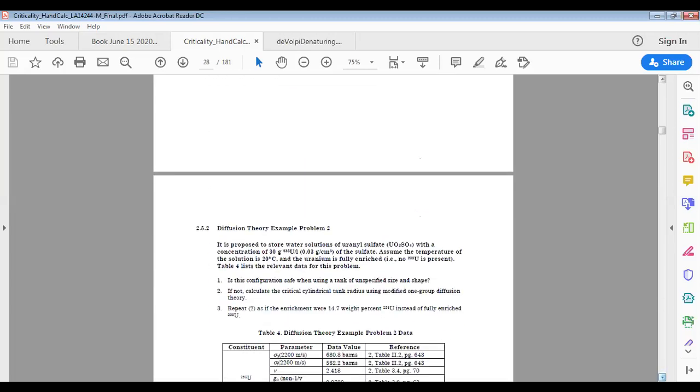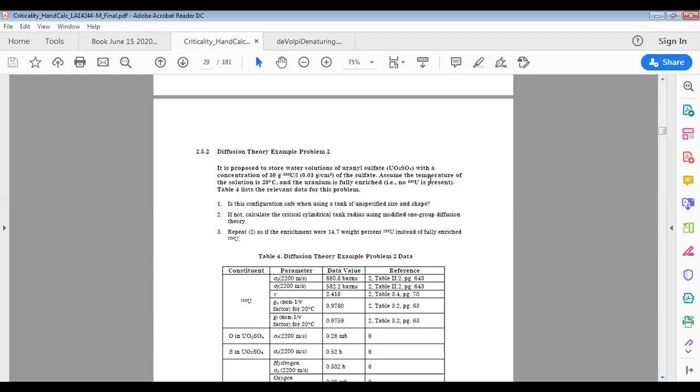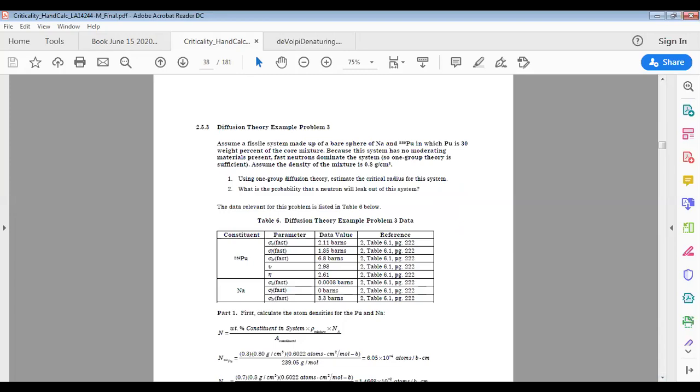Okay, now I want to show you page 38. So this is now a fissile system made up of a bare sphere of sodium and plutonium. Now this is a fast core because there's no hydrogenous material in here.